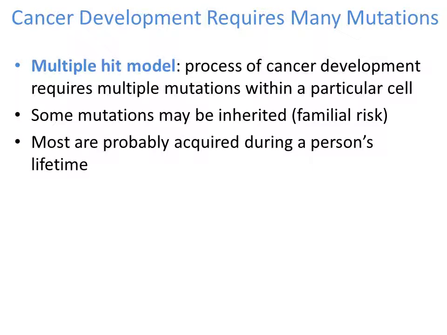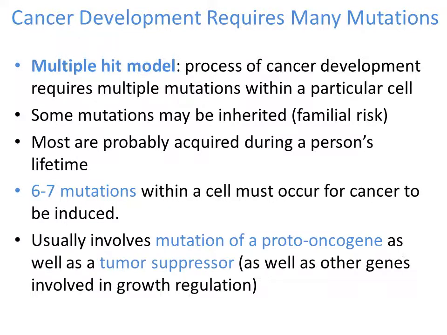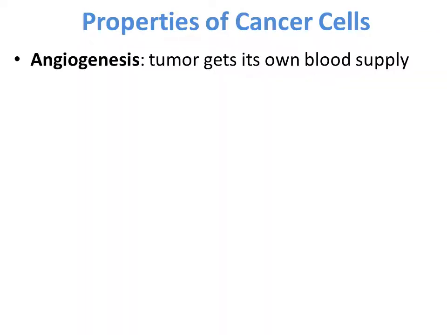Most of a person's mutations are acquired during a person's lifetime, and this is the environmental impact. As I said, you usually need 6 to 7 mutations and key mutations within a cell for cancer to be induced. And this process also must include mutations of both a proto-oncogene as well as a tumor suppressor.